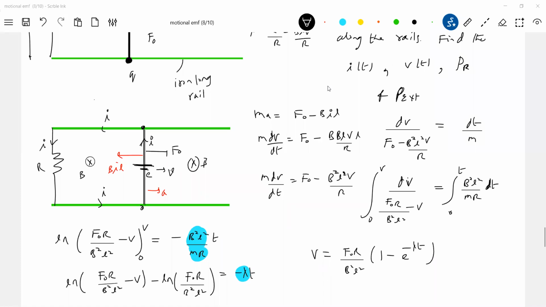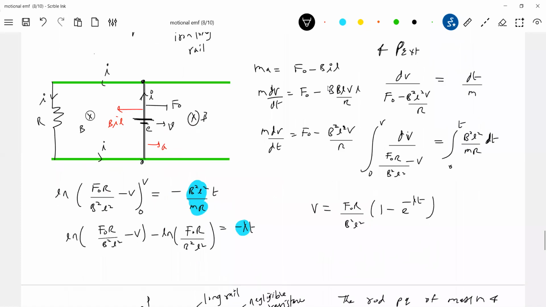And finally, what happened to the rod? What type of motion the rod will describe? What type of motion the rod is going to describe here? So shall we put like this? There's a graph. And what is Vt? Terminal velocity. What is the terminal velocity?